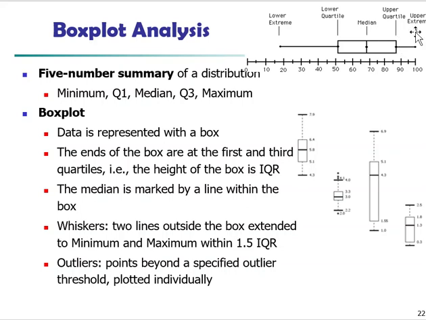From Q3 to the upper extreme, which is the largest value in the data set for this attribute, covers another quarter of all the observations. So the difference between upper extreme and lower extreme is the range. And the average between these two is the mid-range.